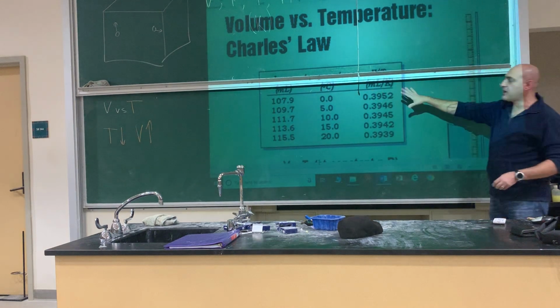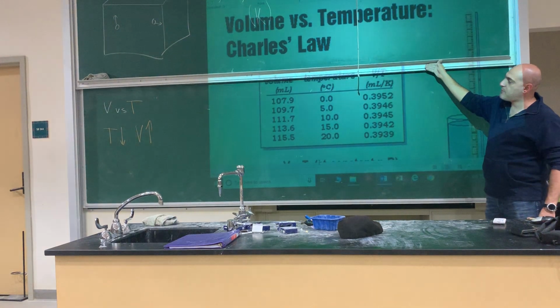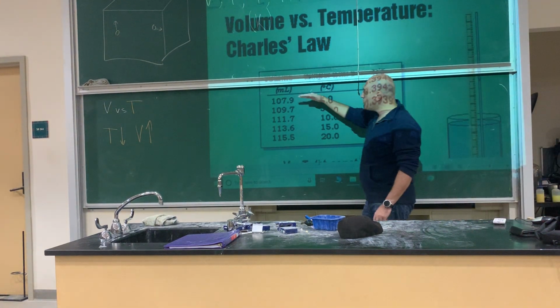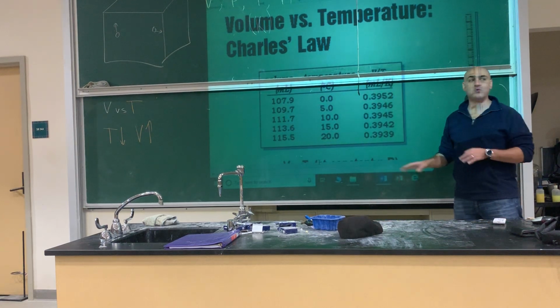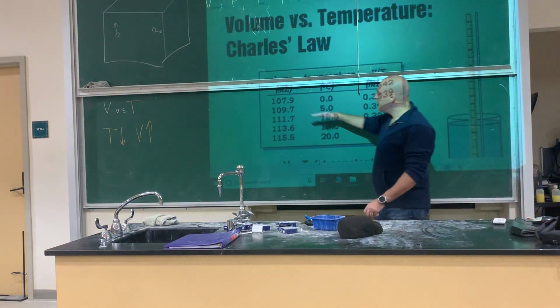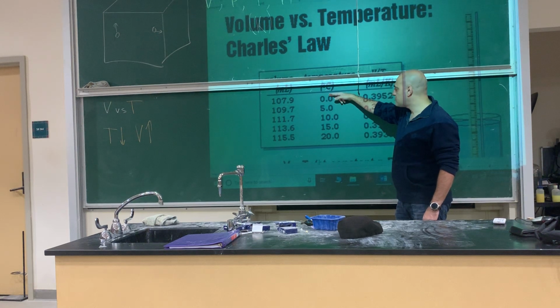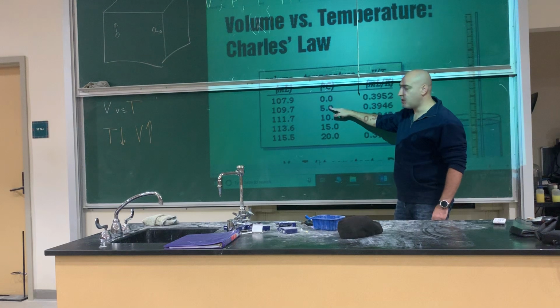Charles is going to check this fact in his experimental data. It's all in our notes, guys, what I'm projecting here. For Charles' law, if you take a look at the data, as the volume goes up, the temperature is doing what?